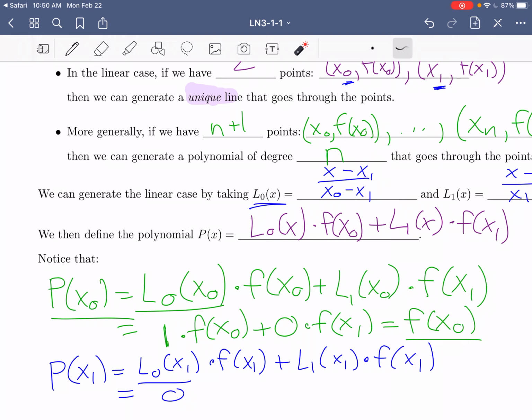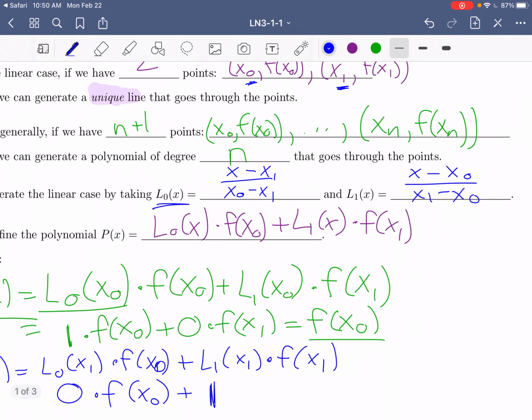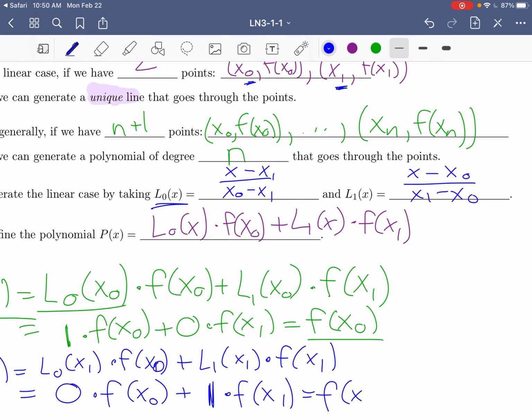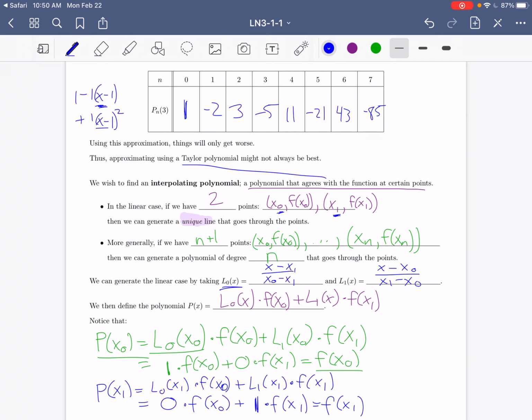So we get 0 times f of x0, sorry, that should be f of x0. Plus, when we plug in x1 into this piece, we have x1 minus x0 on top over x1 minus x0. So we'll get 1 every single time, times f of x1. So the line constructed in this way does in fact go through both of those two endpoints.